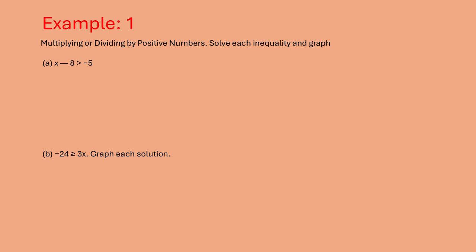Who are we solving for? X, right? So who am I going to get rid of? The negative 8. And what's the inverse to get rid of it? Positive 8. So I'm going to add 8 on both sides. And X is greater than what? What's negative 5 plus 8?